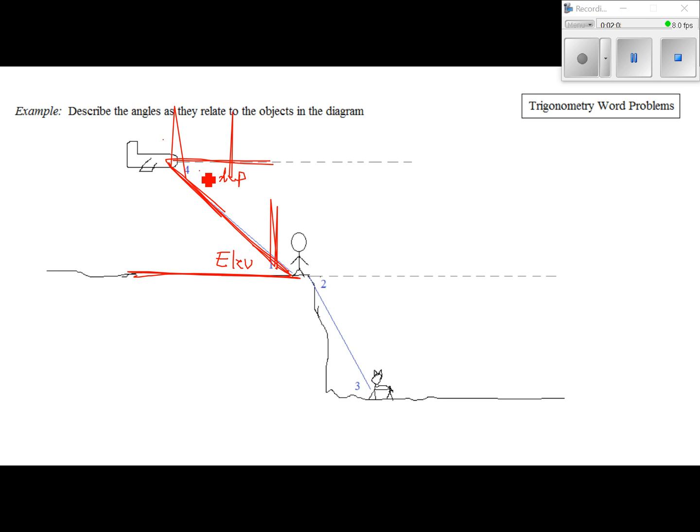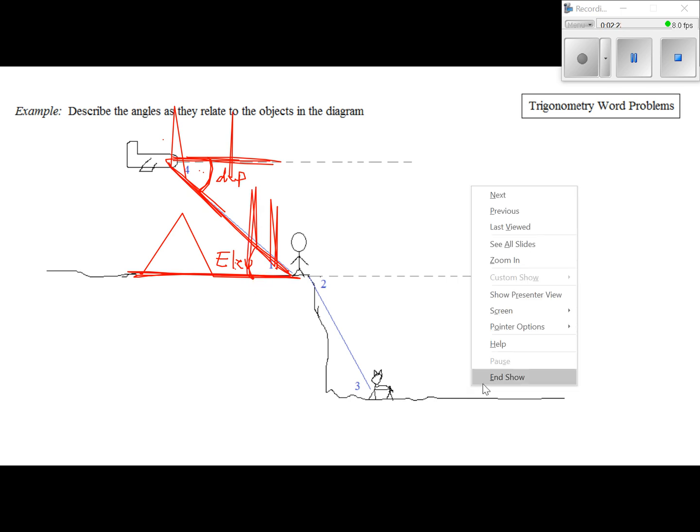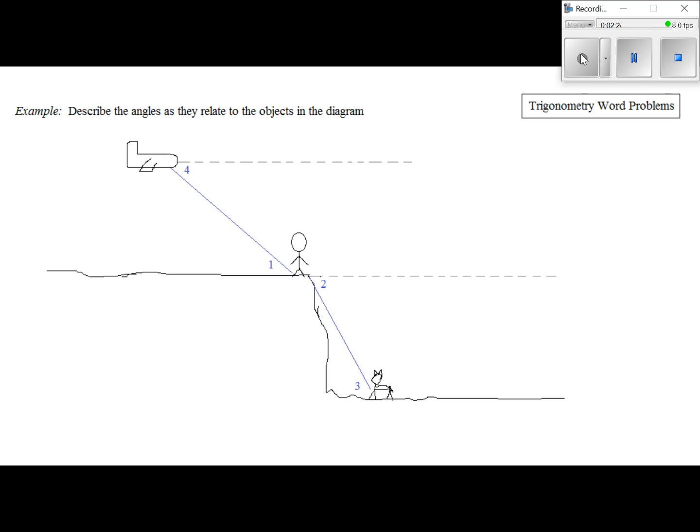Notice that those 2 angles, as long as the ground and the way the airplane is flying are parallel to each other, are alternate interior angles, so they're actually going to be the same. Again, if you're in the airplane and you're looking down at the person on the ground, angle of depression.